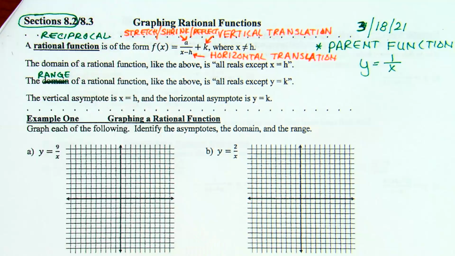Okay, so what we're going to do is take these graphs. The stretch, shrink, and reflection we'll get with our XY chart. But then we are actually going to be moving some of them up or down and left or right.